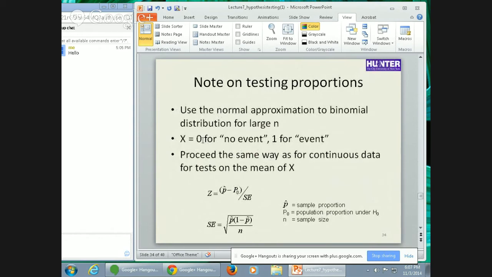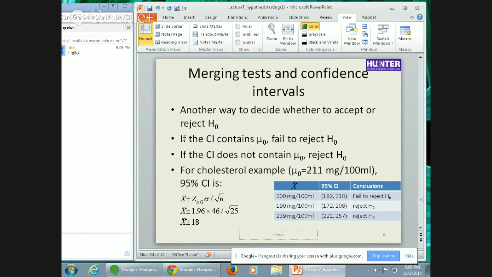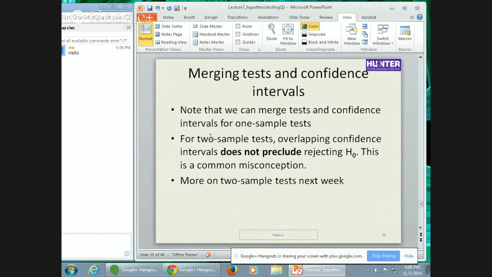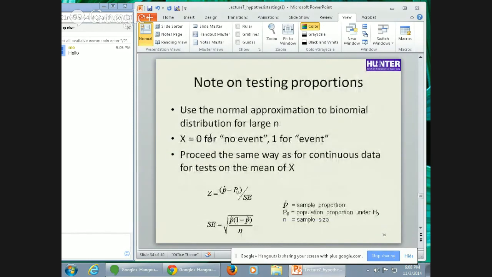You can think of no event, such as in that RCT, that would be no anemia, an event being anemia being a 1, and then you can just think of this as a z-test on means, where your variable x takes on values of 0 and 1.